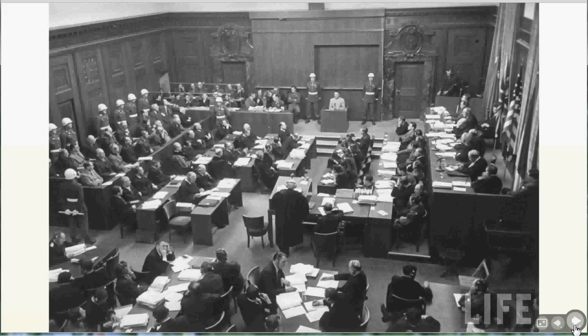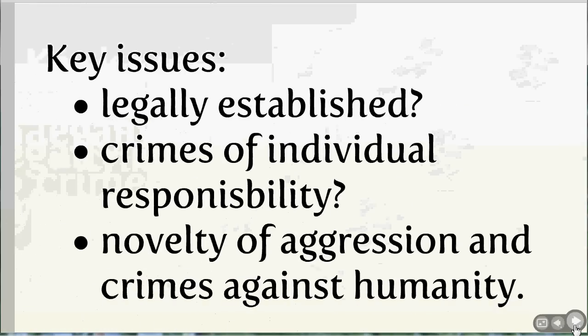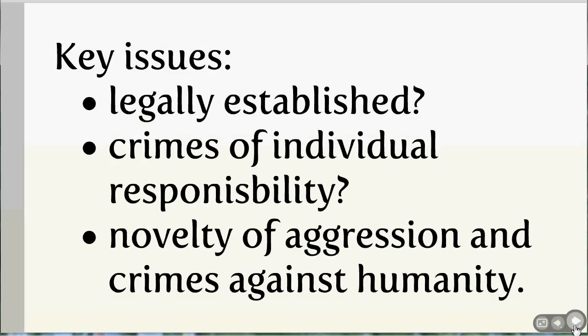So some of the issues we'll explore about Nuremberg is whether trials were legally established, whether international law actually recognized crimes of individual responsibility at the time of the trials, and also the difficulty that the concepts of a crime of aggression, of waging aggressive war, and crimes against humanity were undoubtedly very new at that time and may have violated nullum crimen sine lege.